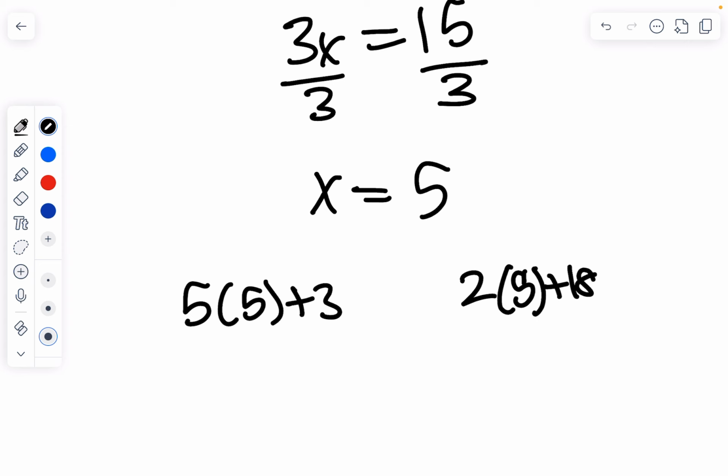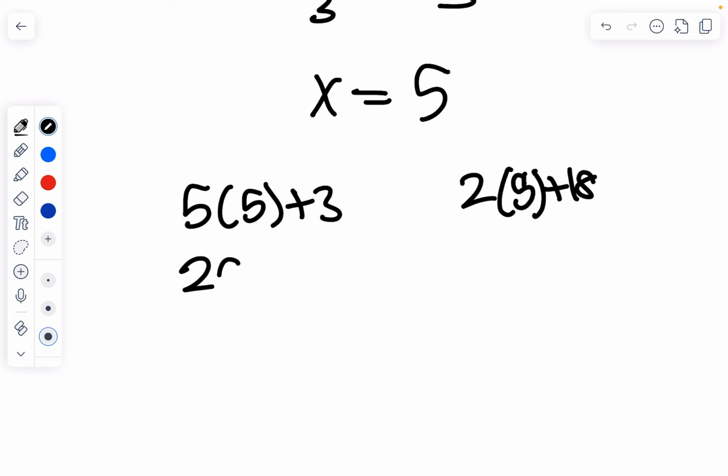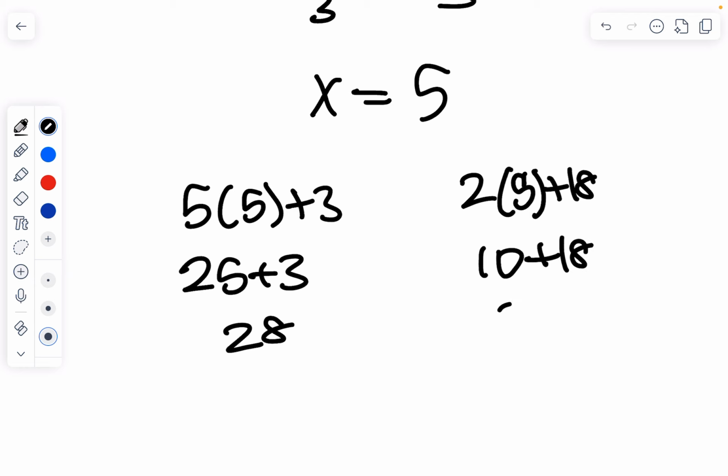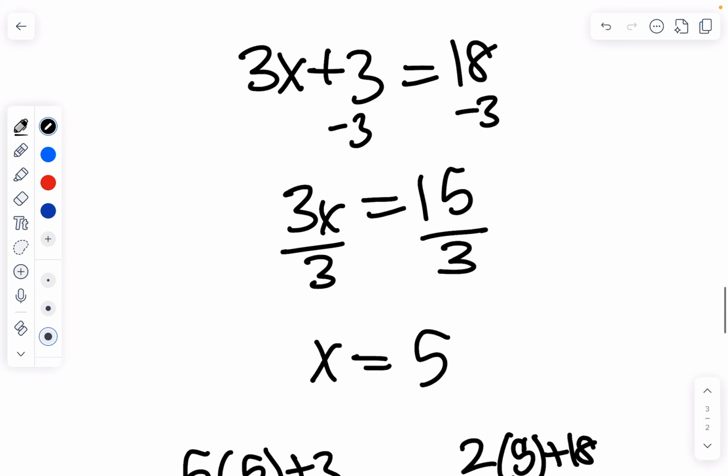So this is equal to 25 plus 3, which is 28. And this one is equal to 10 plus 18, which is 28. Since both of these are equal, that makes x equals 5 a solution to our equation.